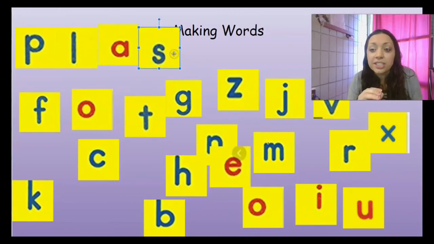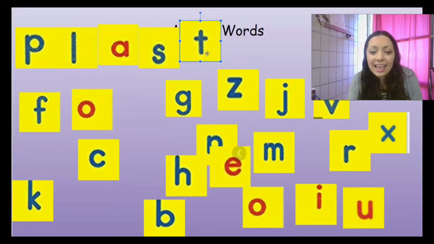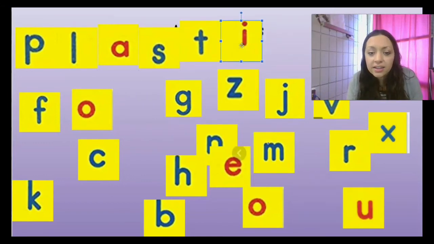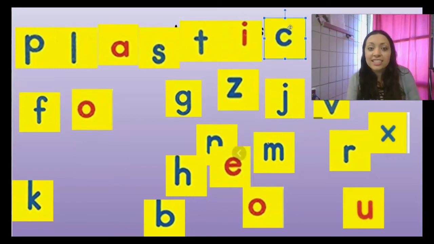So that's my first syllable. Listen, class. And then we hear T. Very good. I. And then the K. Now let's think about this. Plastic. It has more than one syllable. So what am I going to use? I'm going to use my C. Very good. So plastic. So look, you spelled a 7-letter word.